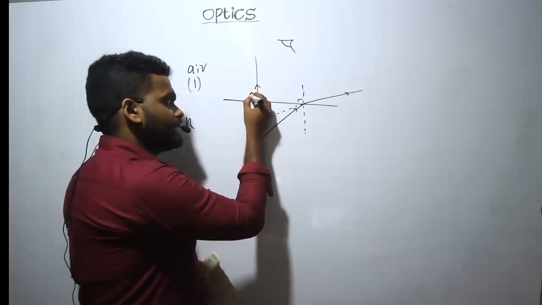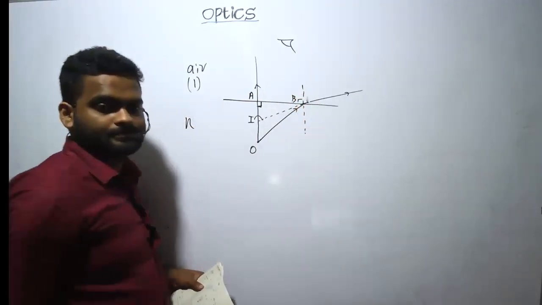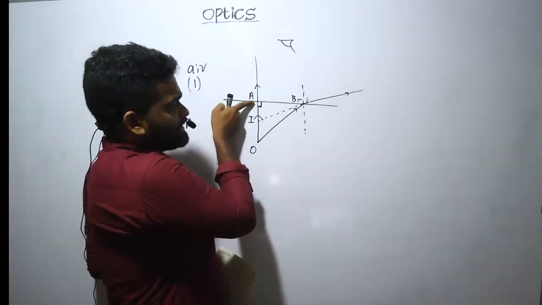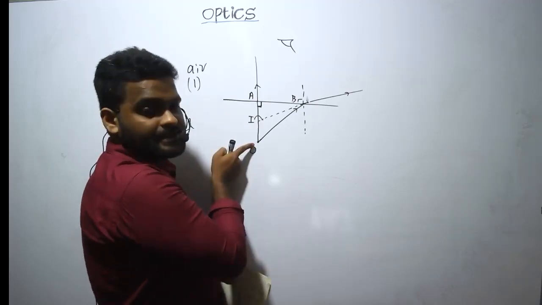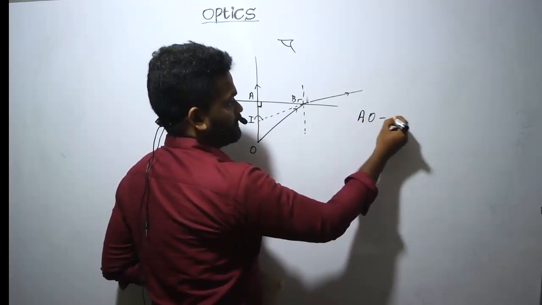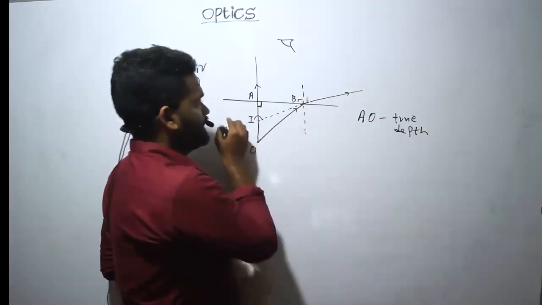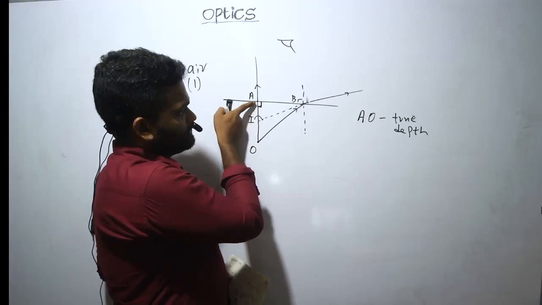Let's say this is point A and this is point B. This AO is what we call true depth. Actually, the object is here. True depth. This AI is not a real depth.